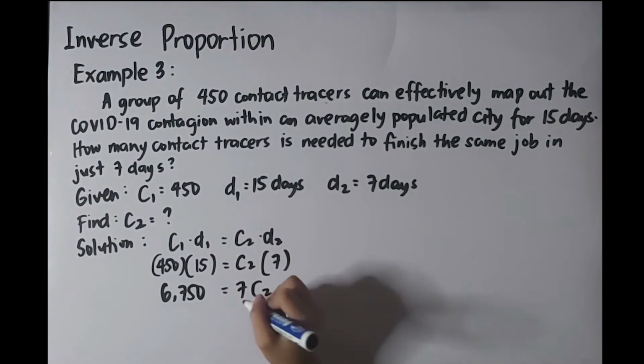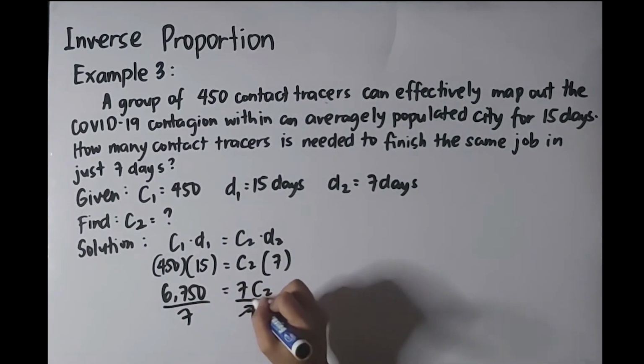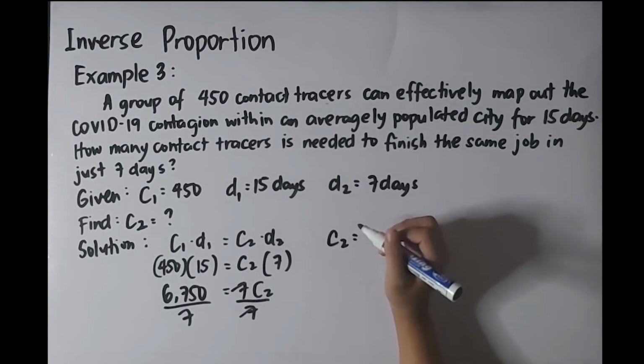So let's divide both sides by 7. So 7 divided by 7 is just 1, or 1 C2.